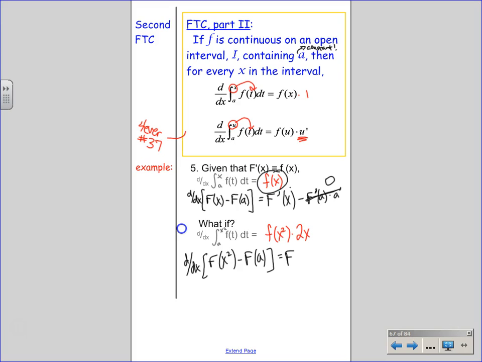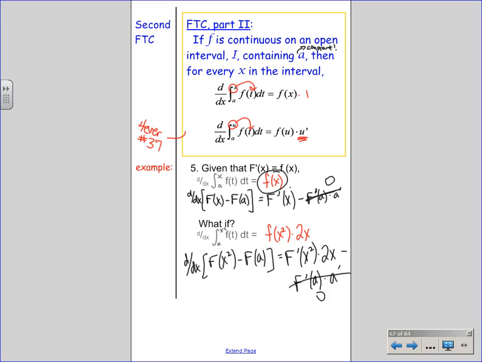So I'm going to have capital F prime of x squared, times u prime. Whatever the antiderivative is, I would have to take his derivative, but also not forget my u prime. And what's going to happen again when I take the derivative of the antiderivative at any constant? 0.